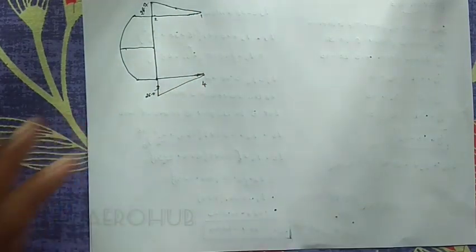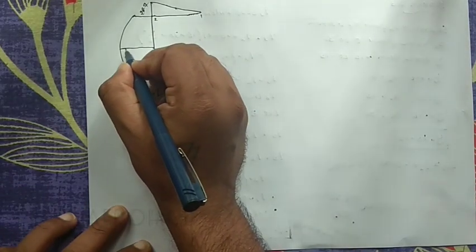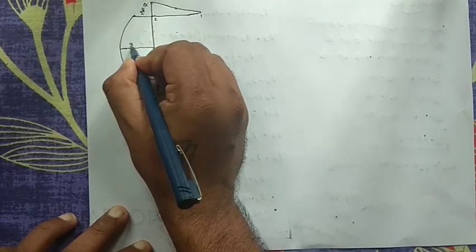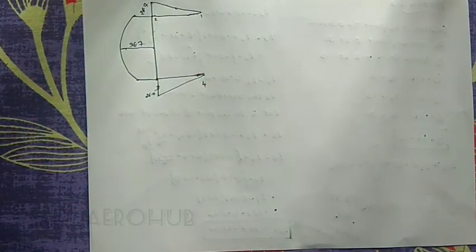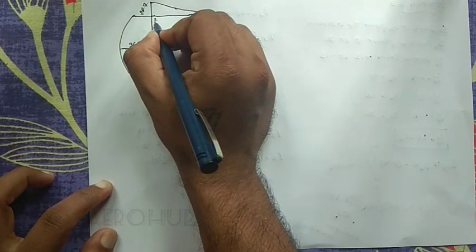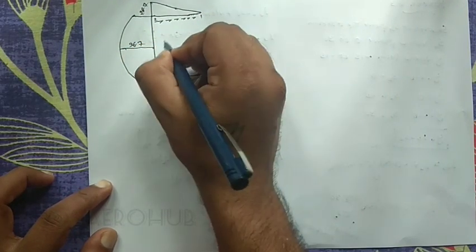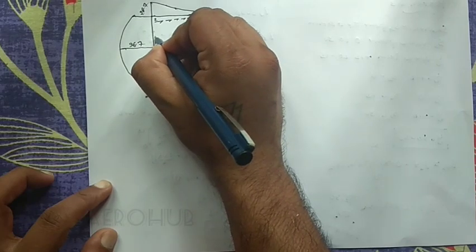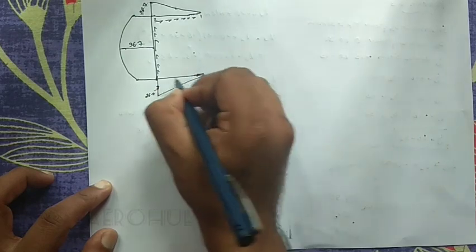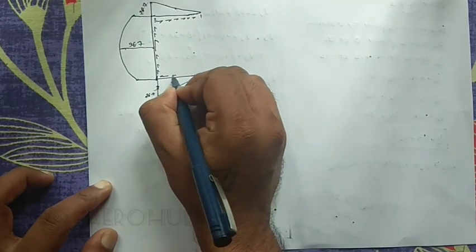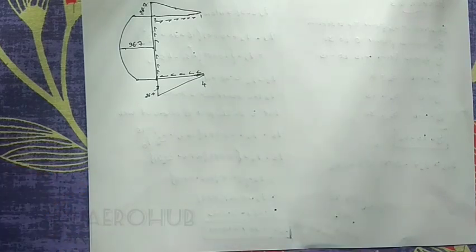Okay, this is the case. This is 36.7, and we have a shear flow distribution in this direction. It's maximum here, decreasing. Okay, this is the shear flow distribution.